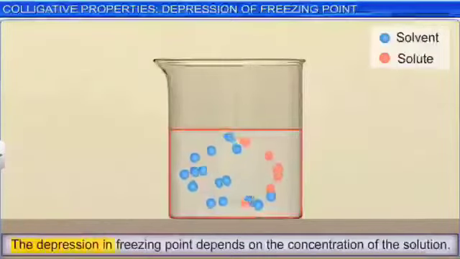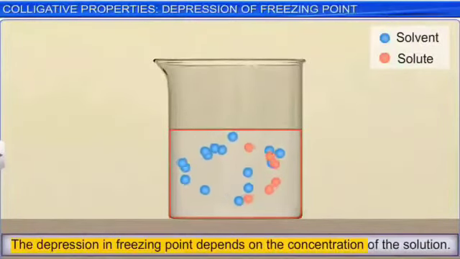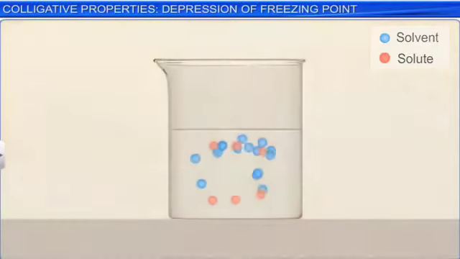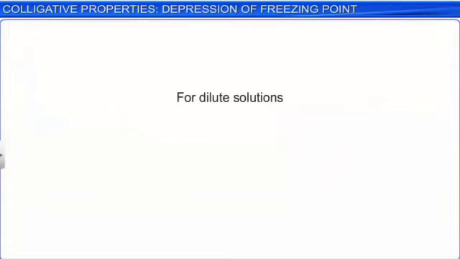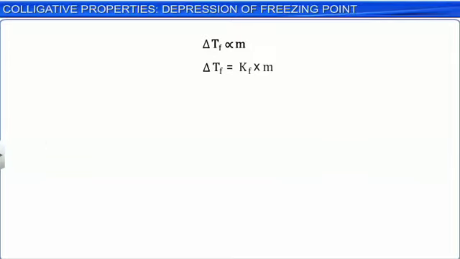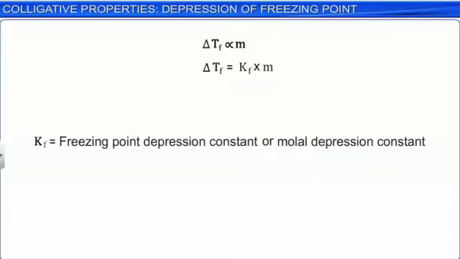The depression in freezing point depends upon the concentration of the solution. For dilute solutions, depression in the freezing point is directly proportional to molarity m. Thus, delta Tf is equal to Kf into m, where Kf is known as the freezing point depression constant or molal depression constant or cryoscopic constant.